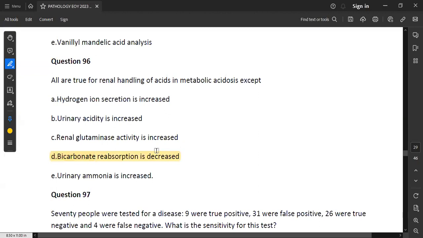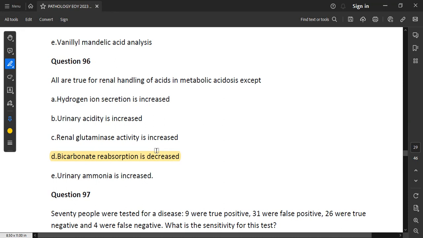Do we understand why? Guys, has that point been understood?